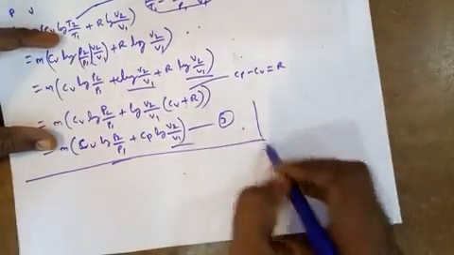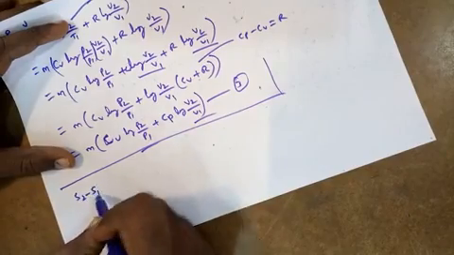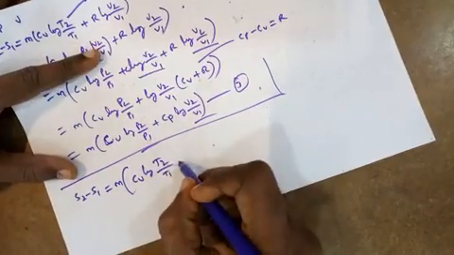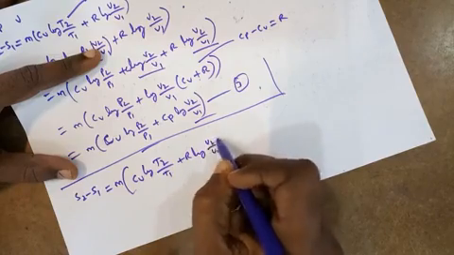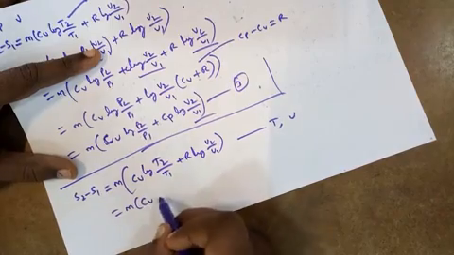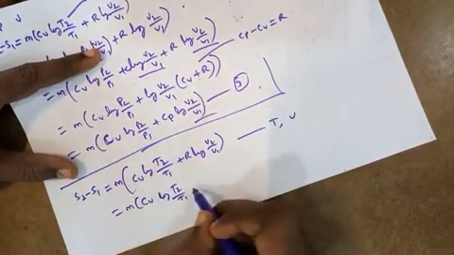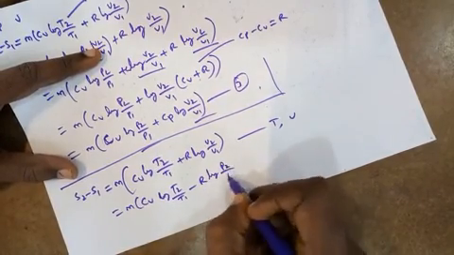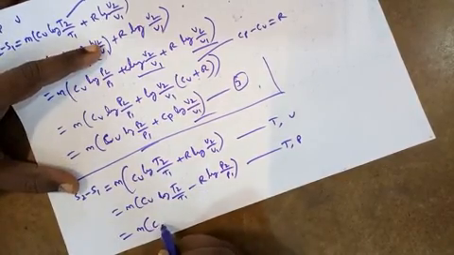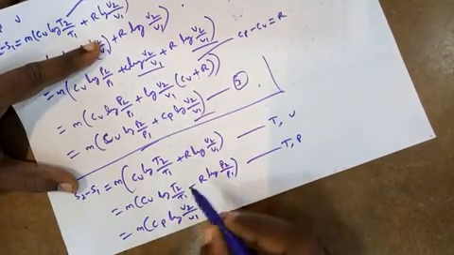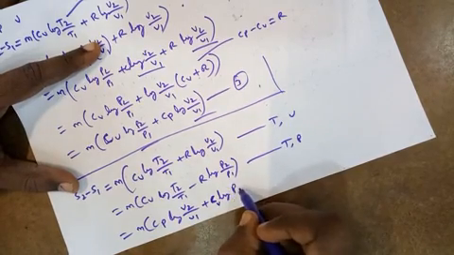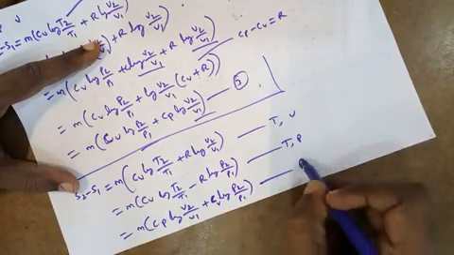So now we can write the expressions for all. S2 minus S1 is equal to m Cv log T2 by T1 plus R log V2 by V1 in terms of temperature and volume. m Cp log T2 by T1 minus R log P2 by P1 in terms of temperature and pressure. And m Cv log P2 by P1 plus Cp log V2 by V1 in terms of pressure and volume.